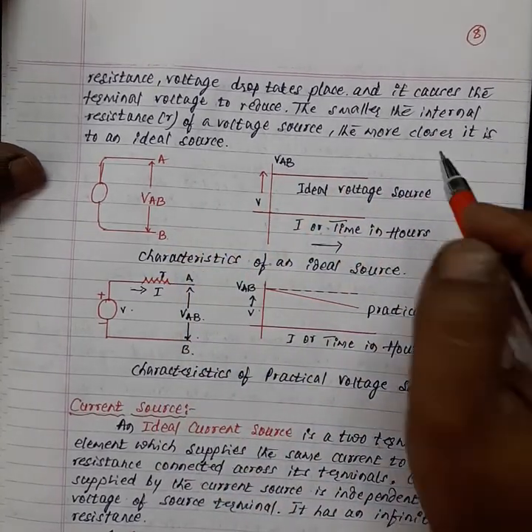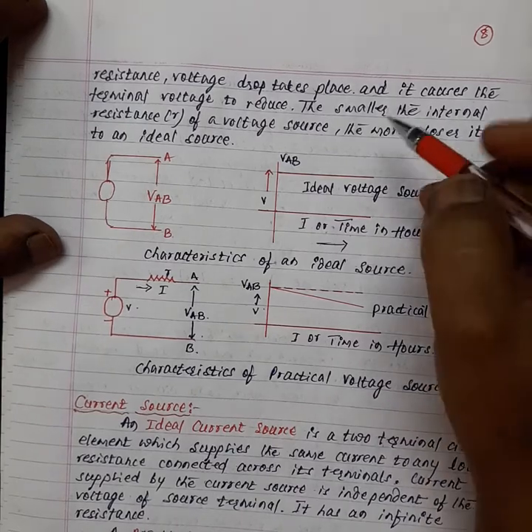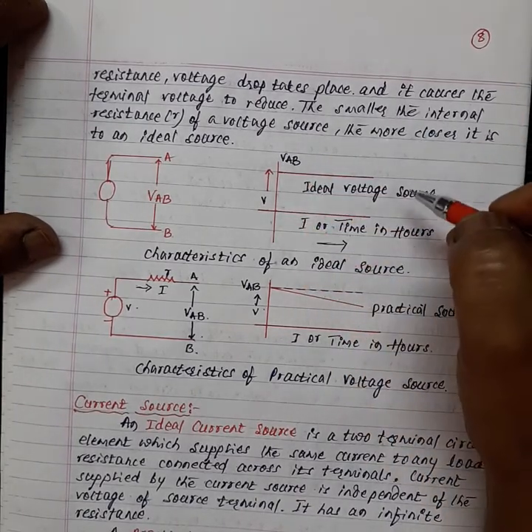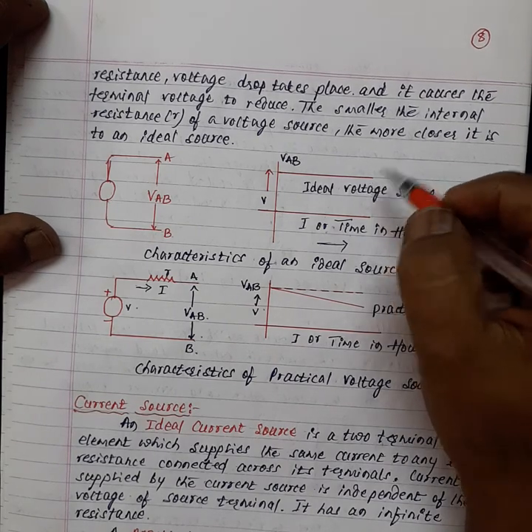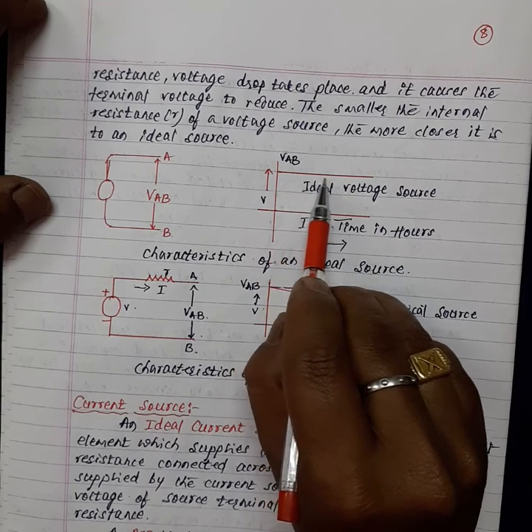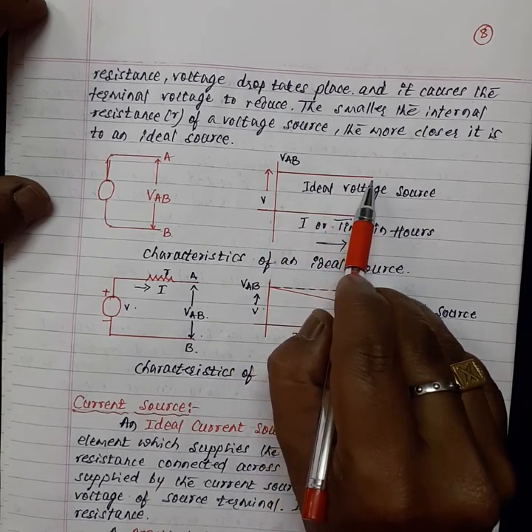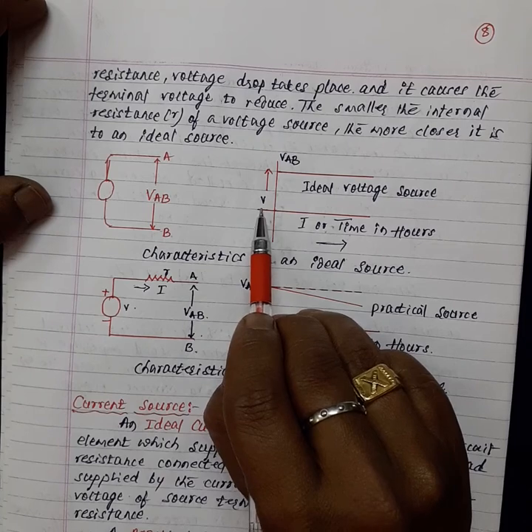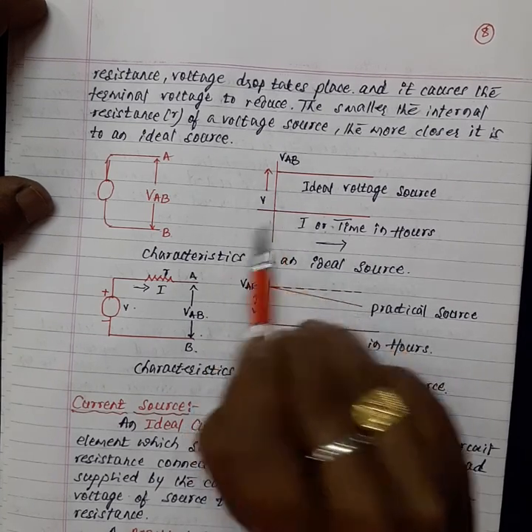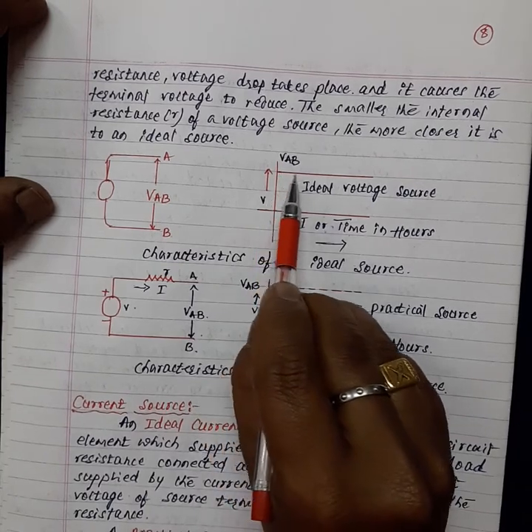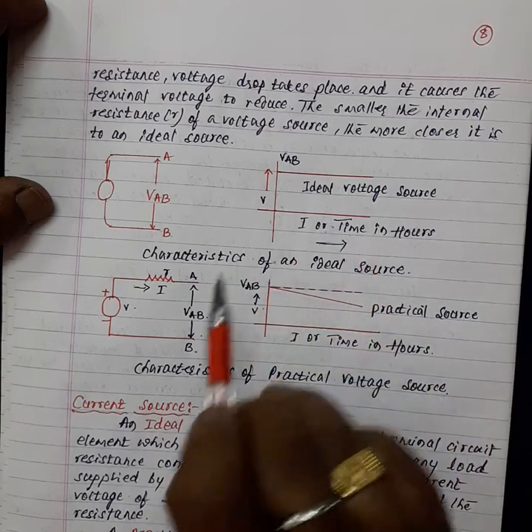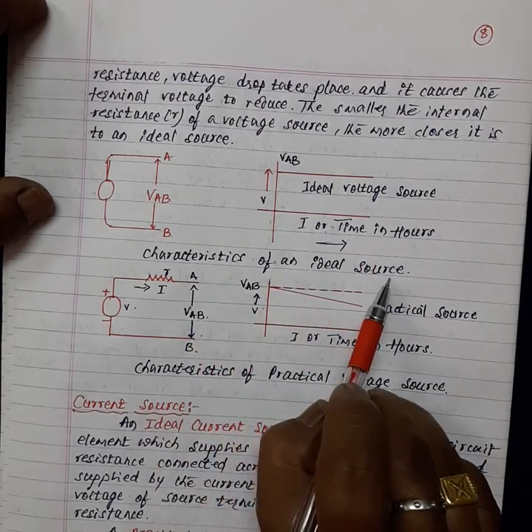So this is one of the outputs we get when connecting the ideal voltage source. Here you can see the output is constant for a very long time period. When you apply a voltage, that source gives us a constant output for a very long period. This is one of the characteristics of an ideal source.